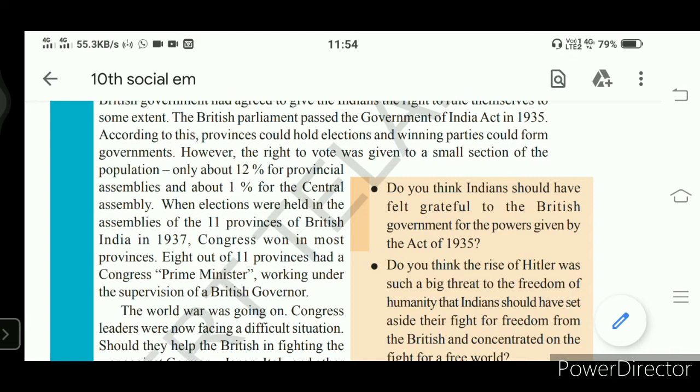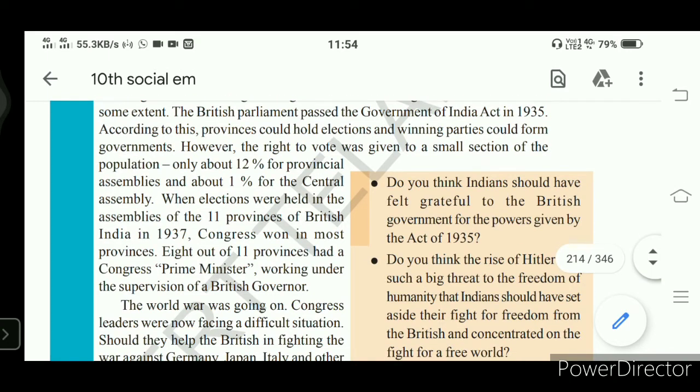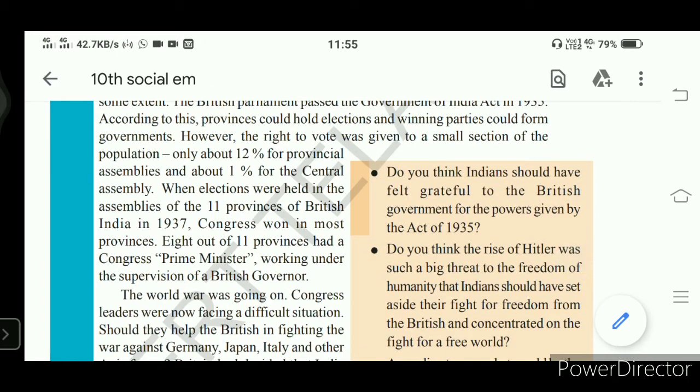So in that elections, in 11 provinces of the British India, Congress contested, and in that 11 provinces, 8 provinces were won by the Congress.